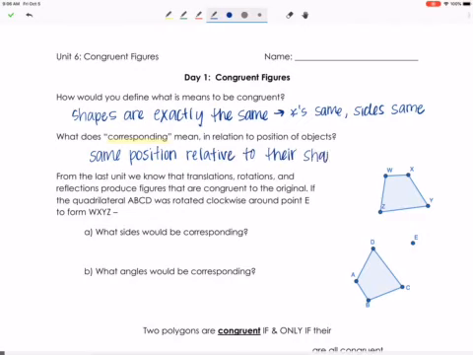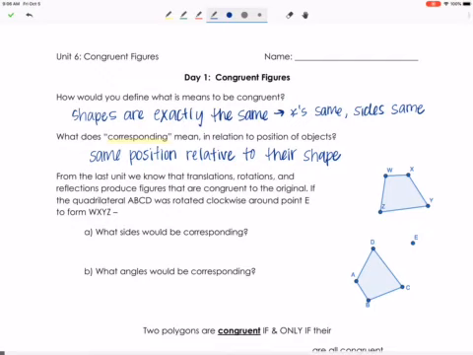So, for instance, if I had two triangles and they're both oriented the same way, when I talk about corresponding, I would mean both top angles, or both left sides. Okay, so just think corresponding, same position.